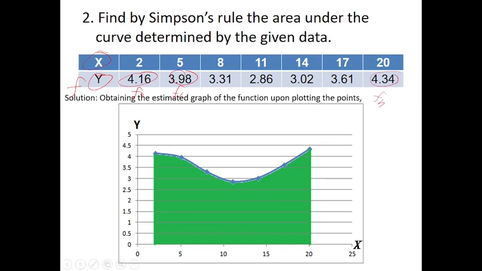We have 6 points, so this is f sub 6. Yes, 1, 2, 3, 4, 5, 6. This is f sub 0 to f sub 6.